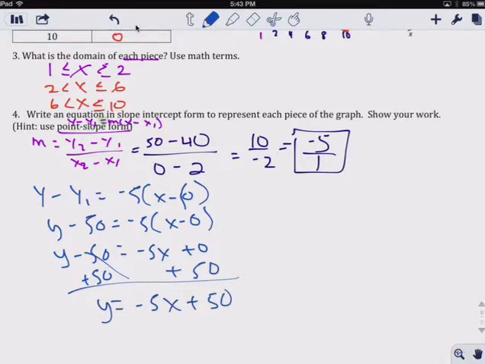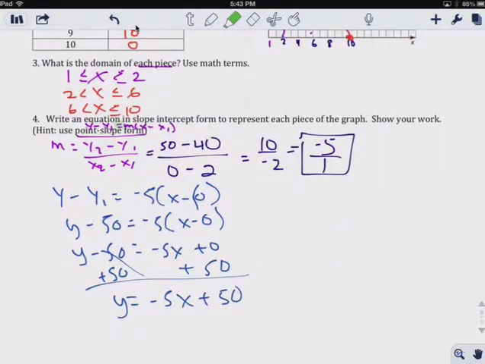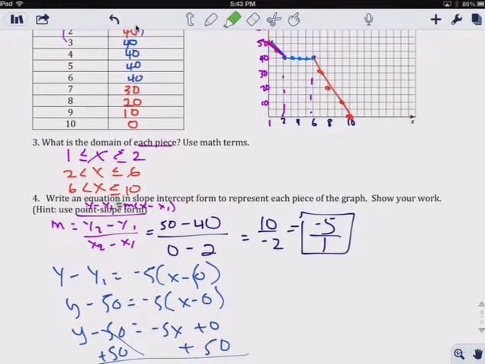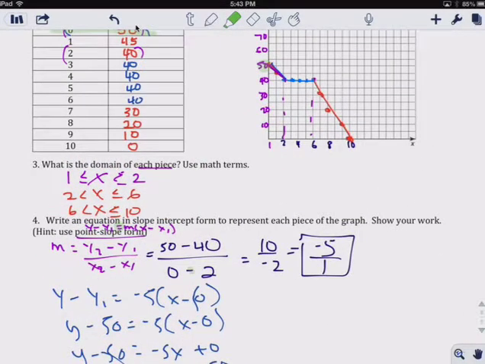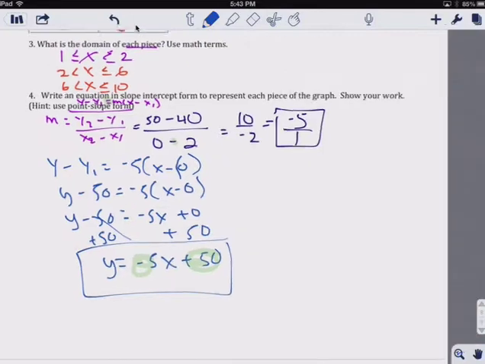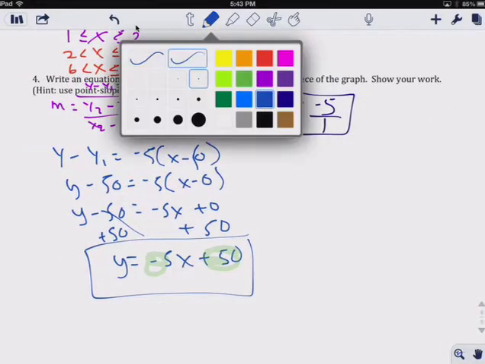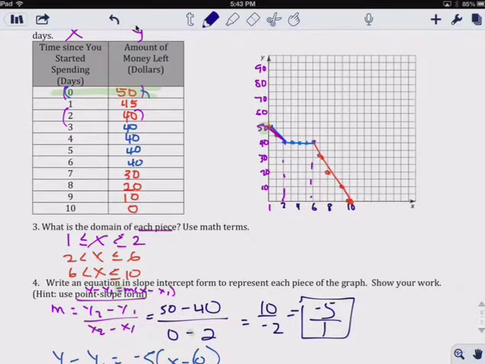I'm going to check if my equation is right. It's very important to check. If y-intercept is at 50, well, it says 50. And this should be going down, because the slope is negative and it's going down. So most likely, my equation is correct. Always double check your equation to make sure it's correct. Okay, my middle one is, if you forget, just choose the 2 here, and use point slope, and you'll get the answer, okay?